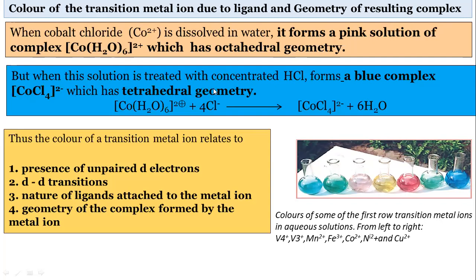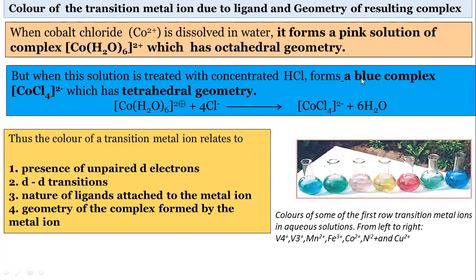When cobalt chloride is dissolved in water, it shows a pink solution, and if concentrated HCl is added to this pink solution, the complex [CoCl4]2- is formed. So the reaction is shown here. This is a pink colored solution, and we are adding concentrated HCl. The geometry is changed and the color is also changed.